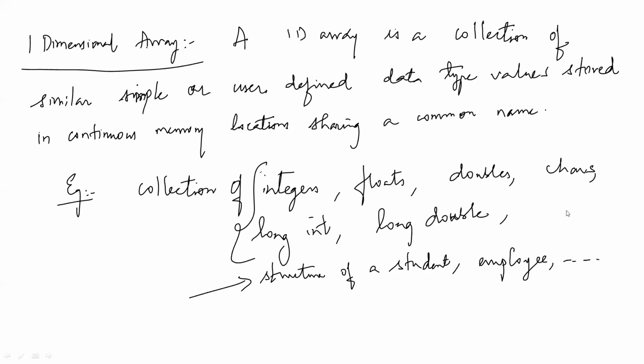Student and employee combined together is not an array. So a one-dimensional array is a collection of similar simple data type values or a collection of similar user-defined data type values, right?